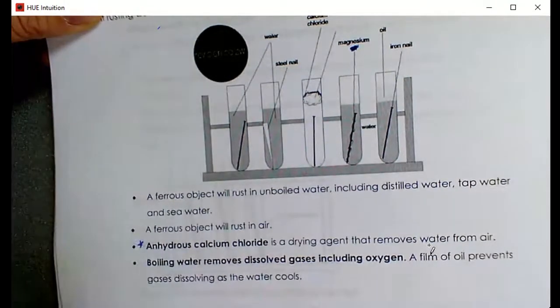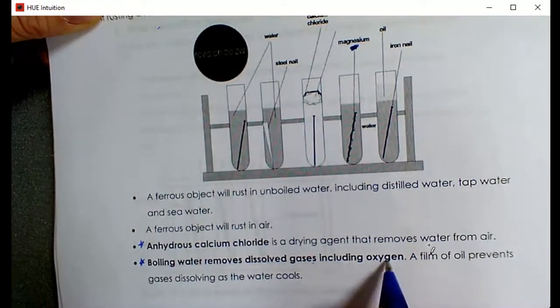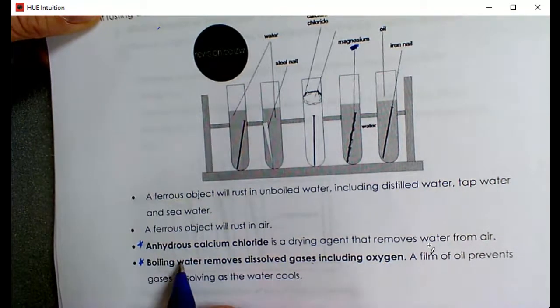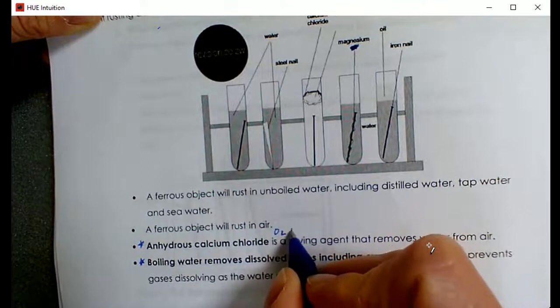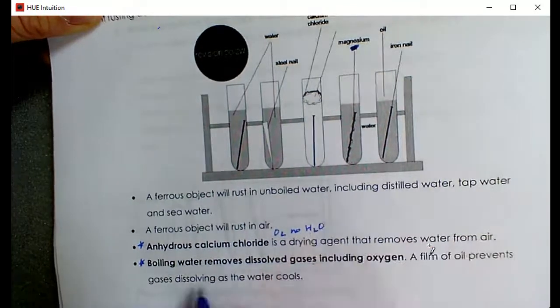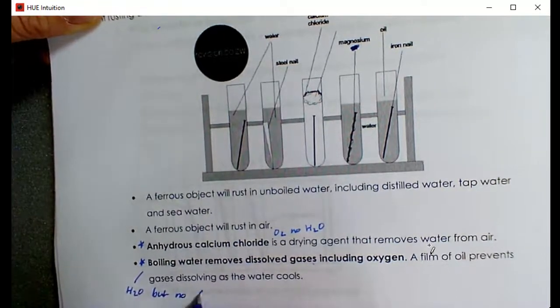If you have that present, there will be no water in the air. The other thing to note is that boiling water removes dissolved gases, including oxygen. So if you have anhydrous calcium chloride present, you will have oxygen but no water. And if you have boiled water, you will have water but no oxygen.